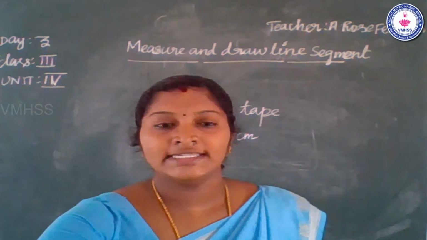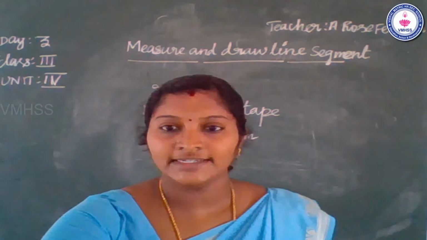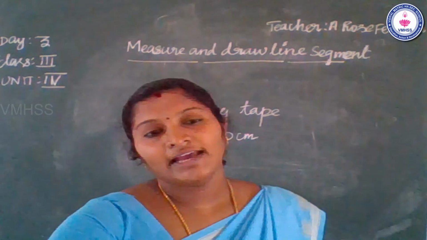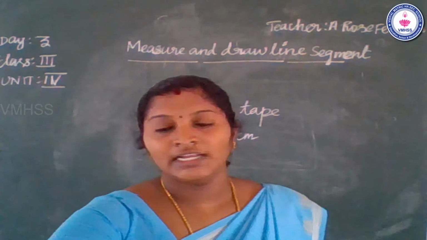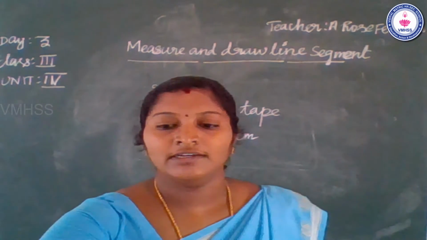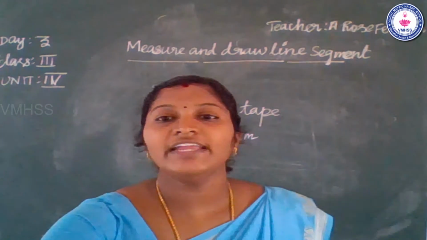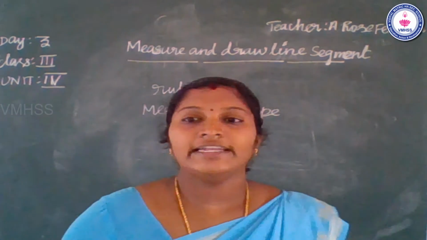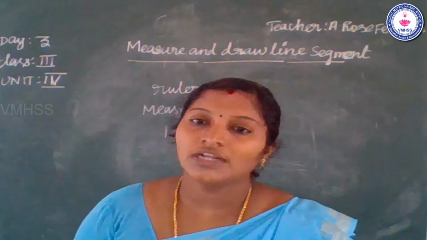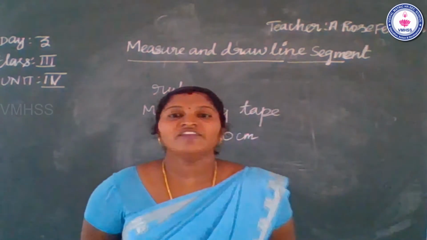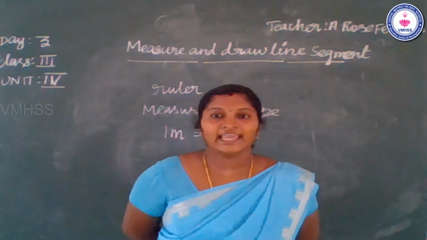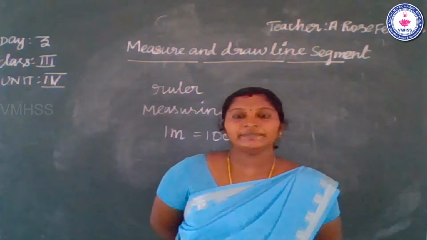This is 7 to 8 centimeter. Start at 7 and 8 centimeter. In between the lines is a millimeter. We need a metric scale and a sharpened pencil to draw line segments. So what are the two main tools? A metric scale and a sharpened pencil.